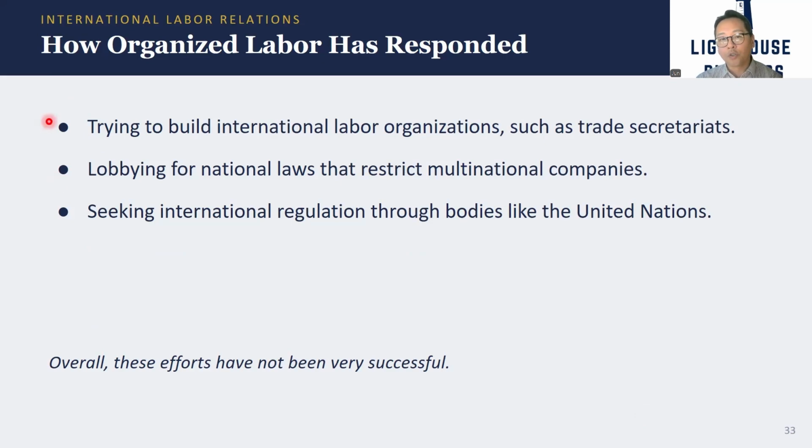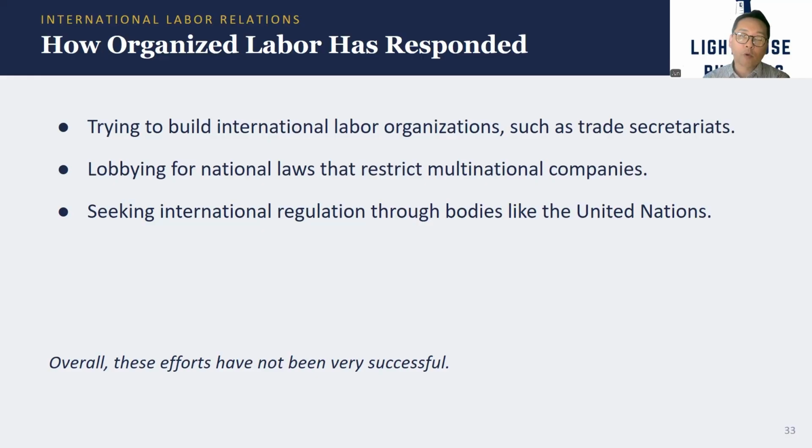First, unions have tried to establish international labor organizations to coordinate action across countries. Second, they have lobbied for national legislation that would restrict multinationals. Third, they have sought international regulations of multinationals through bodies such as the United Nations.